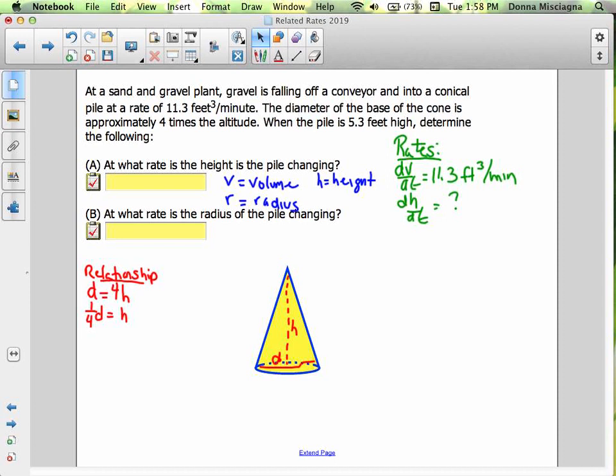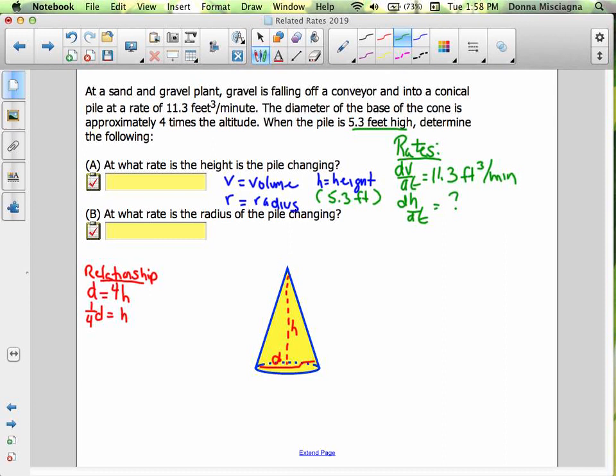We have this relationship here. We're given the height: when the height is 5.3 feet is when we're going to find the rate of change in the height.